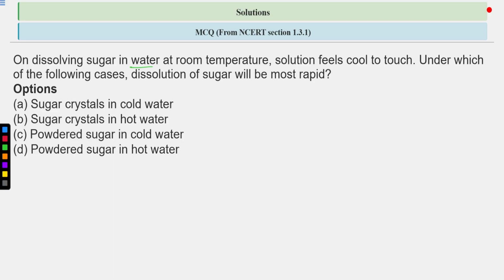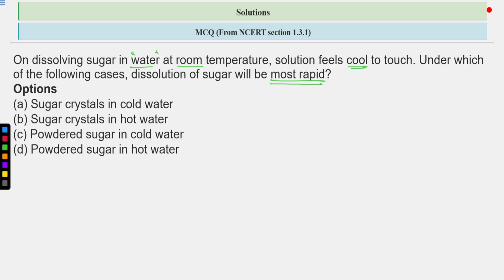Under which of the following cases will dissolution of sugar be most rapid? So we have a situation where we are dissolving sugar in water at room temperature, and the solution starts to feel cool to touch. Under which of the given options will the dissolution of sugar be most rapid?